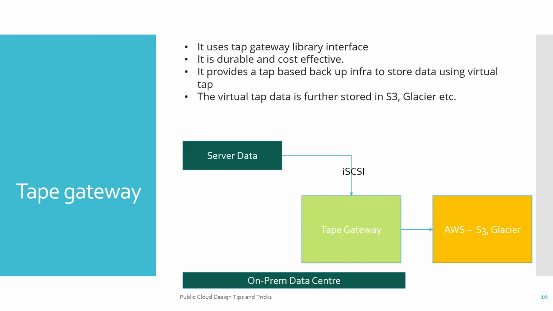And once it gets replicated into AWS, it works with AWS S3 and Glacier in the form of virtual tape for data store and data retrieval from S3 to Glacier. So that is how the lifecycle management happens on the AWS side. It is a virtual tape based approach, both on-prem as well as in the public cloud in terms of data transfer.